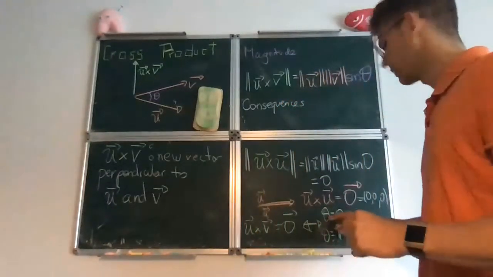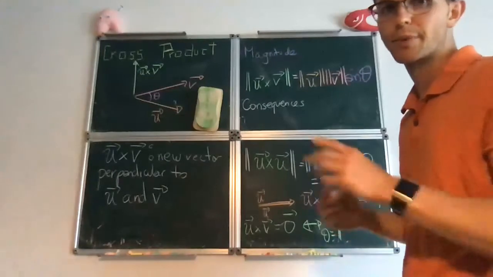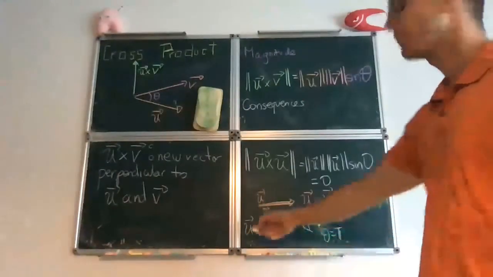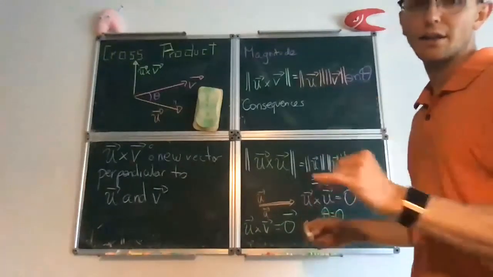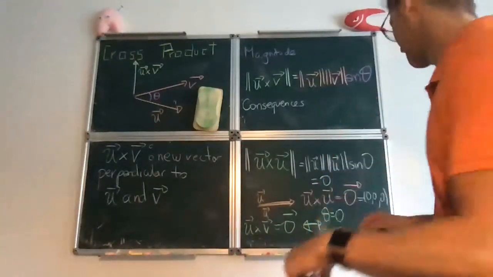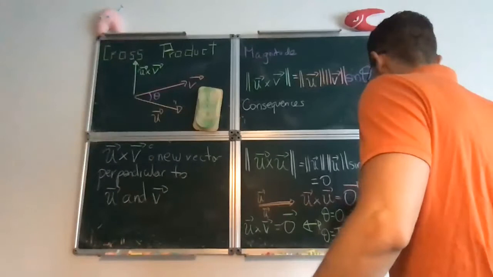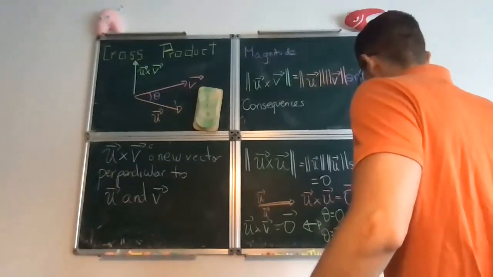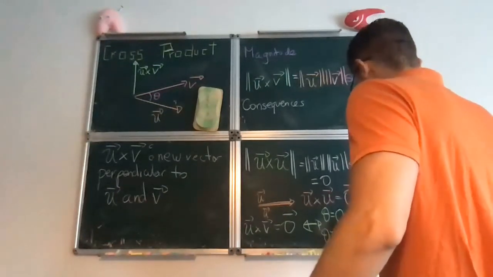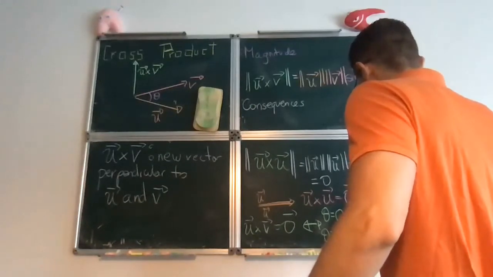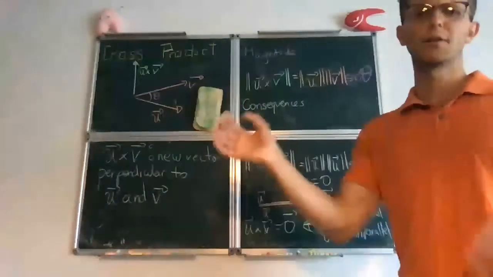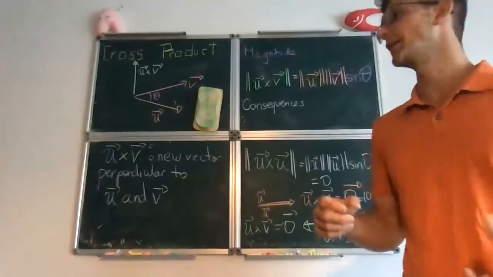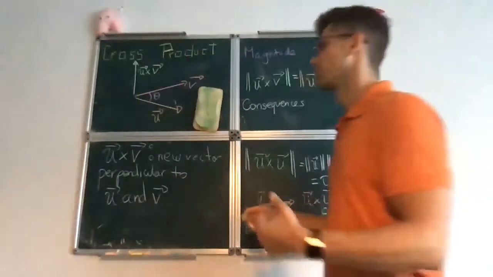So in this case, they are parallel. You would say that the vectors are parallel because they don't need to have the same size. Like this was a special case where they had the same size. In general, they don't need to have the same size. And if you want, when they're pointing in opposite ways, you say that they are anti-parallel.